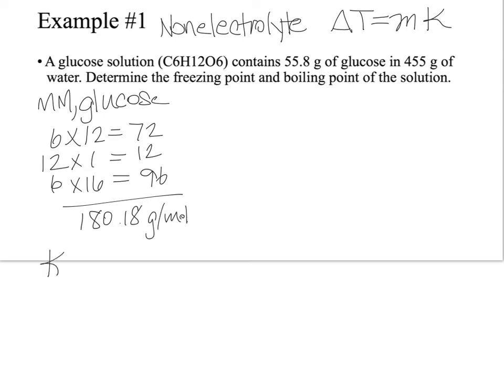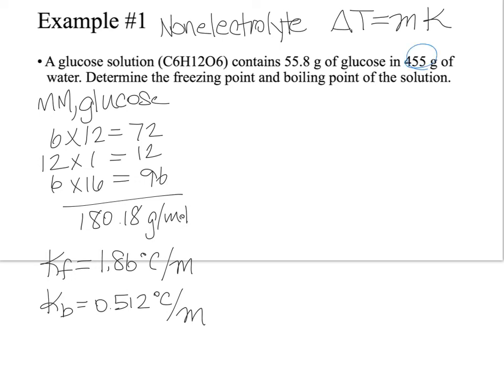I need to know the Kf. For water, it is 1.86 degrees Celsius per mole. And the Kb is 0.512 degrees Celsius per mole. We have 455 grams. And in the molality formula, you remember it's moles of solute divided by the mass of the solvent in kilograms.